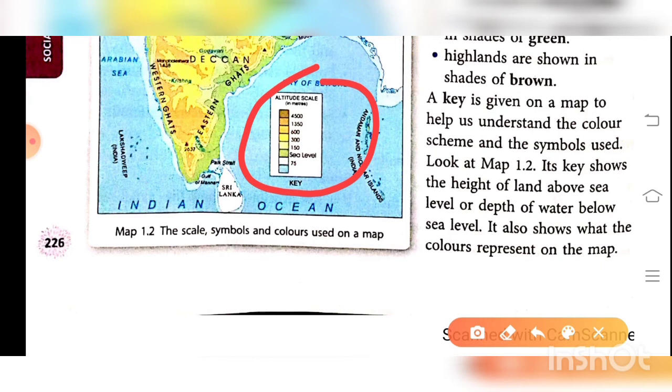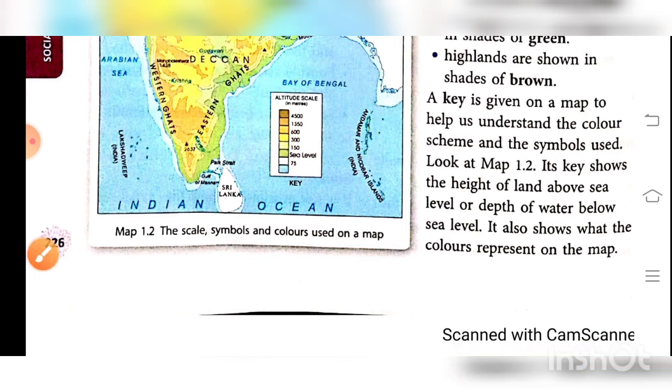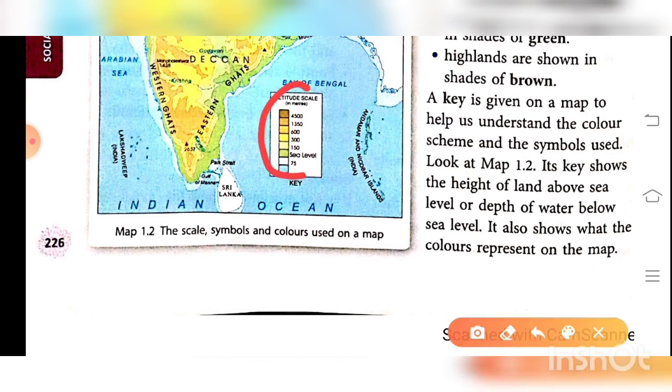The key shows the height of land above sea level or depth of water below sea level. It also shows what each color represents on the map. So the key presented here gives all the information about the map.